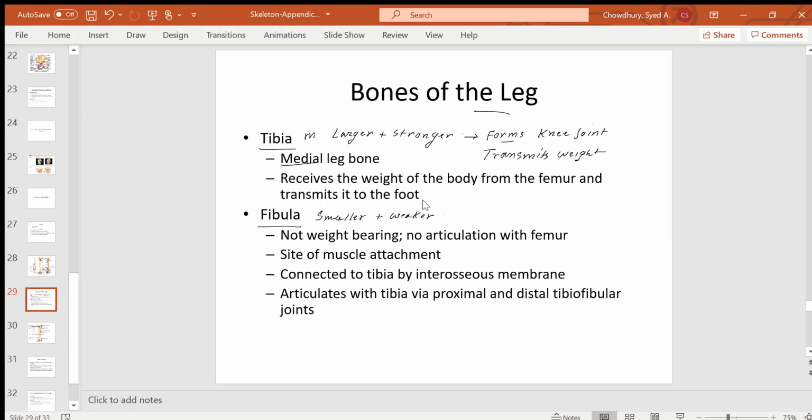Okay. Fibula doesn't form the knee joint, it doesn't articulate with the femur, so it only supports the leg muscles. Okay.